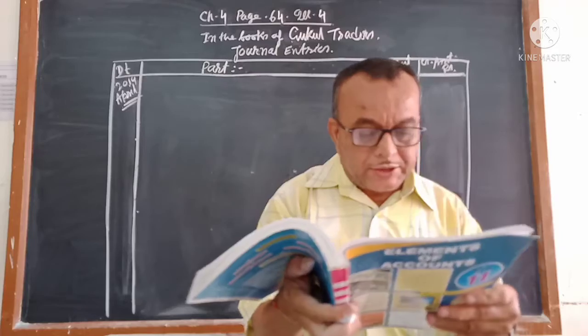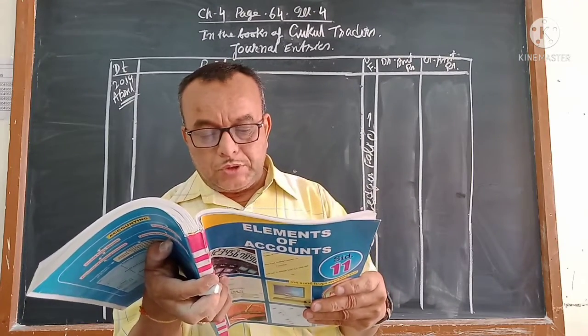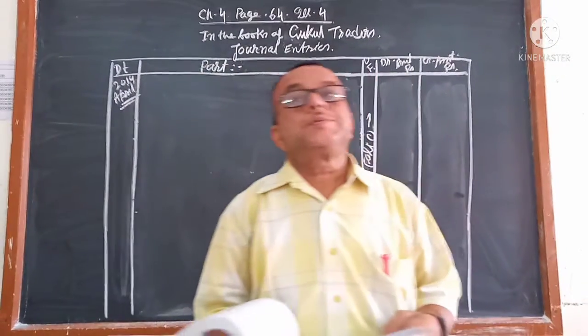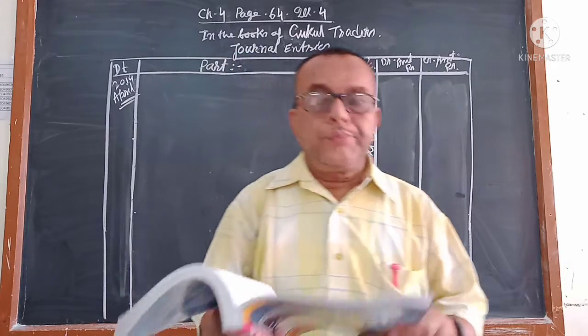Number 1: brought cash of rupees 10,000, stock of rupees 10,000, furniture of rupees 5,000, and commenced business. Like that, such transactions I have already explained from the previous illustrations. All are debit because all are assets.